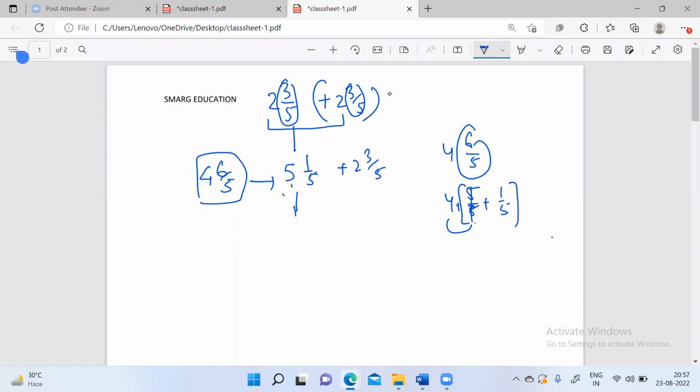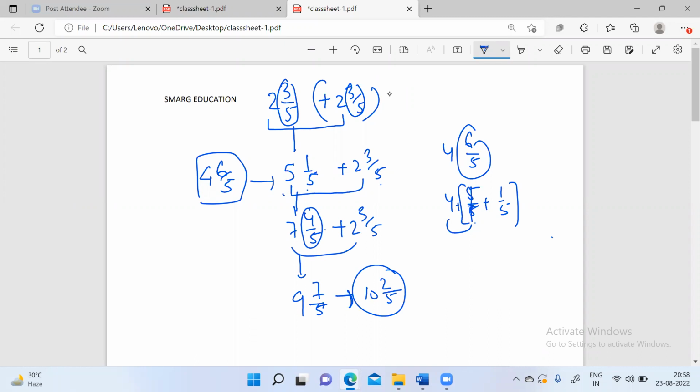What will happen here? 5 plus 2 is 7, and 1/5 plus 3/5 will be 4/5. So there is no problem here because this is less than 1. To get the next number, I'll add 2 3/5 again. So 7 plus 2 is 9, and 4/5 plus 3/5 is 7/5, and it will again change to 10 2/5. So is everyone getting how this table is being made?